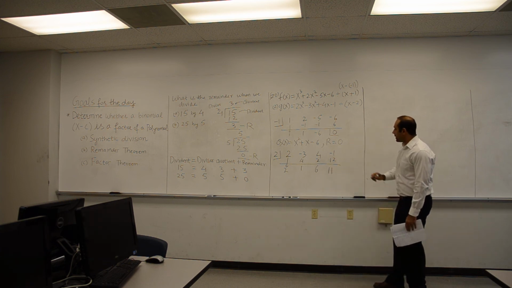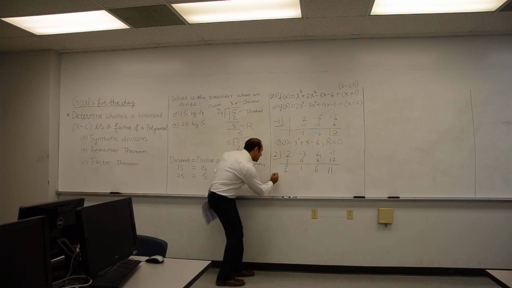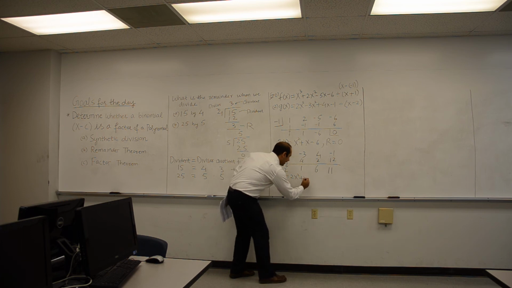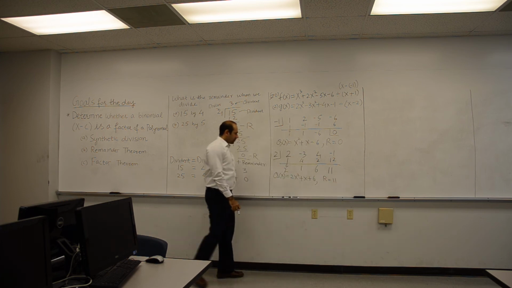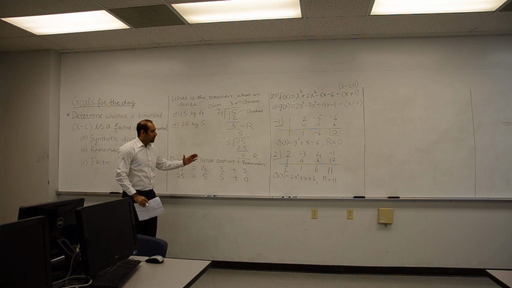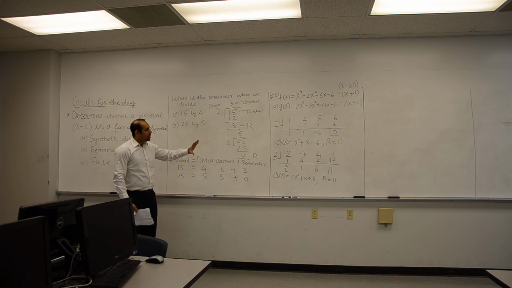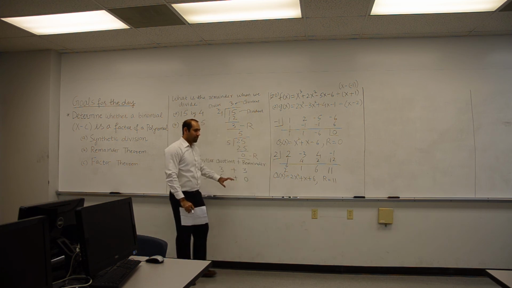So the quotient is 2x squared plus x plus 6, and the remainder is 11. We already learned that we can use synthetic division to find the remainder, and in addition we can also get the quotient in both cases.